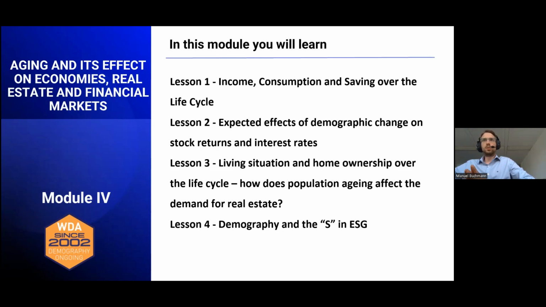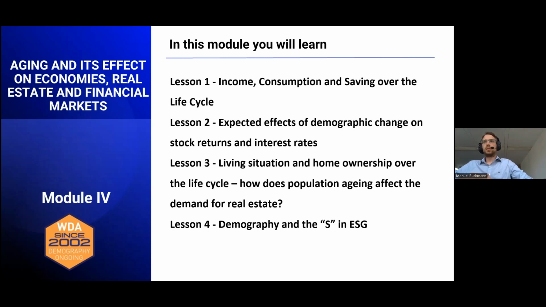And I will close this module in lesson 4 with a topic that is very important to us in terms of where we should place demography when we talk about financial markets and risks in financial markets. We believe that demography should be part of the S in ESG, the social, and I will go more in depth into what this means and what should be done in terms of ESG and demography.